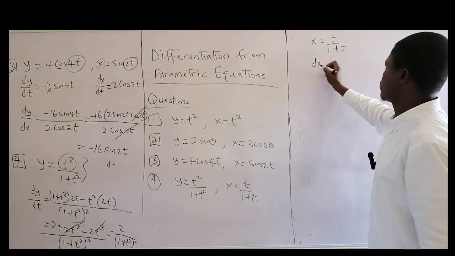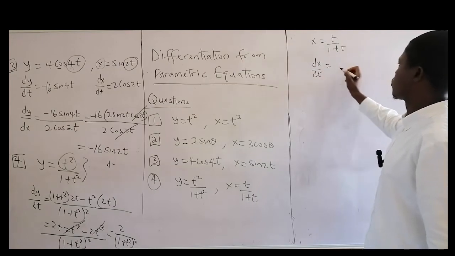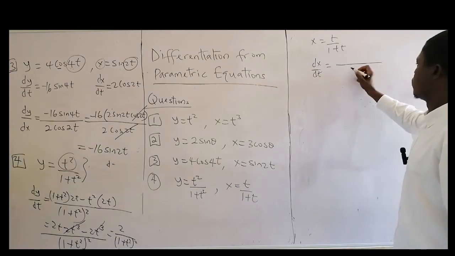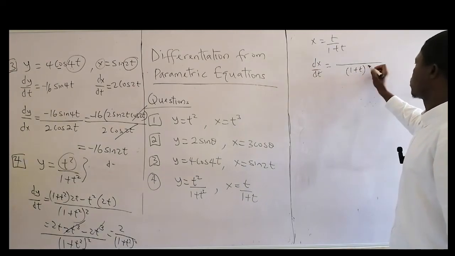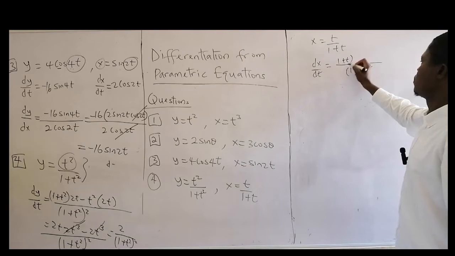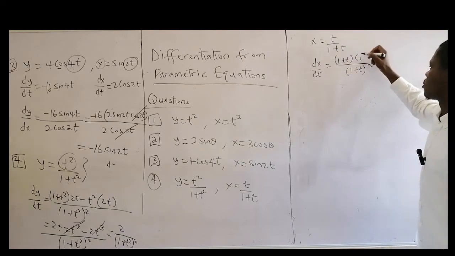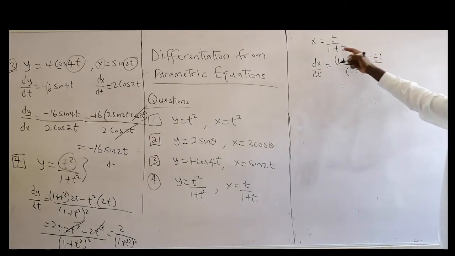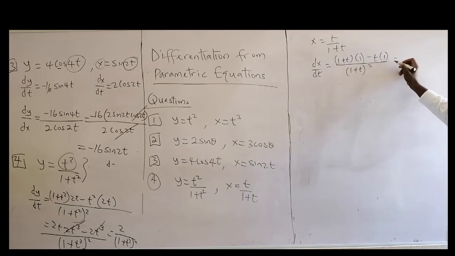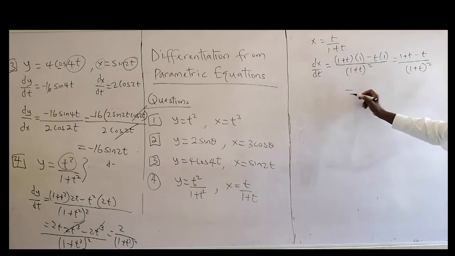So we can get the dx/dt, which is equal to the quotient rule, (1 plus t) times the derivative of the numerator, that's 1, minus t. The derivative of this one is 1. Then we can do the expansion, 1 plus t minus t all over (1 plus t) squared. So that will be equal to 1 over (1 plus t) all squared.